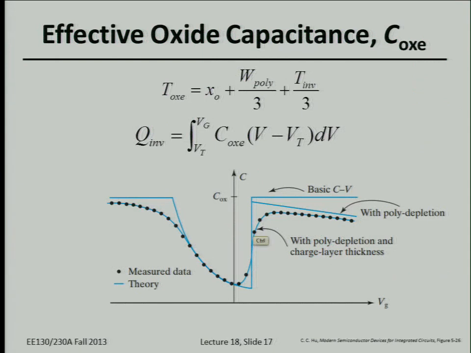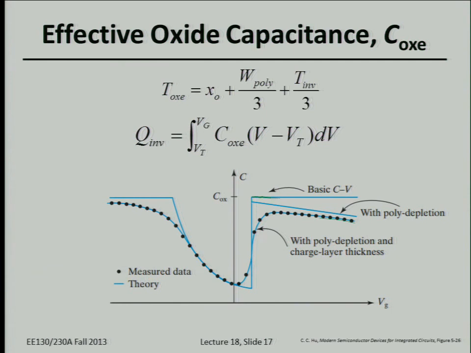So capacitance in inversion: once you reach the threshold voltage, as you increase the gate voltage more and more beyond the threshold, here's the ideal. Let me just draw this.